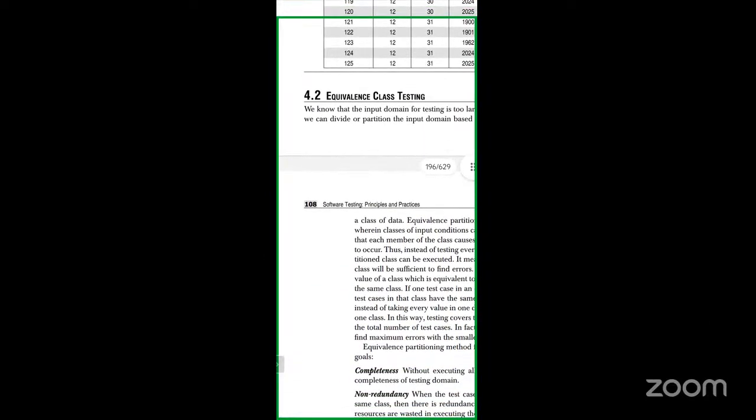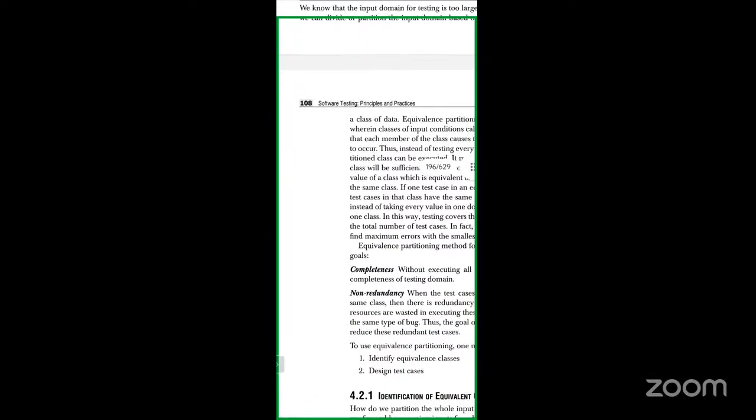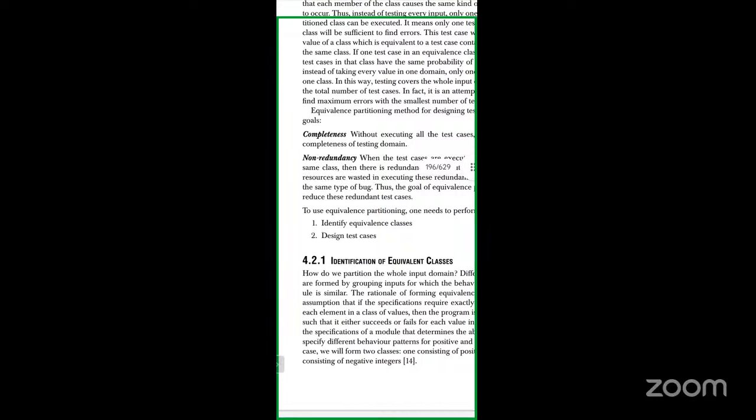Right, so then coming to the equivalence class test or class testing. Here the data is going to be divided into equivalent parts, then the testing is going to be done. Here also we are going to check the completeness and the non-redundancy values.